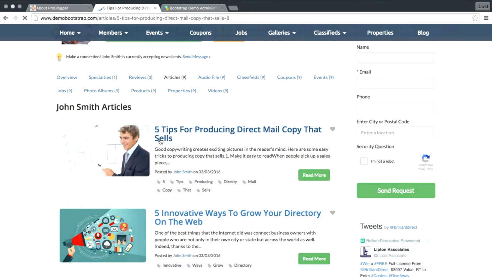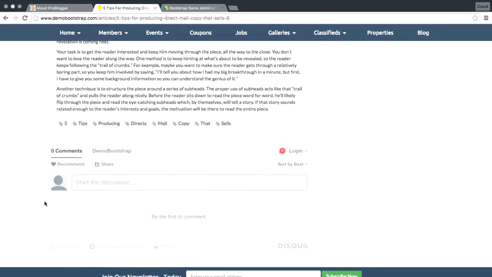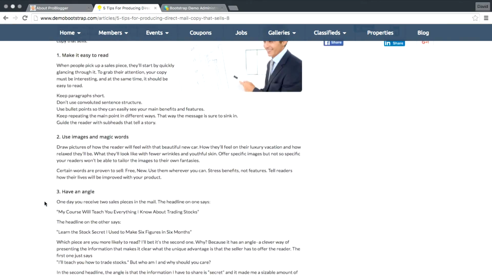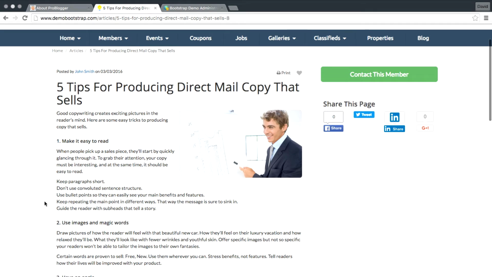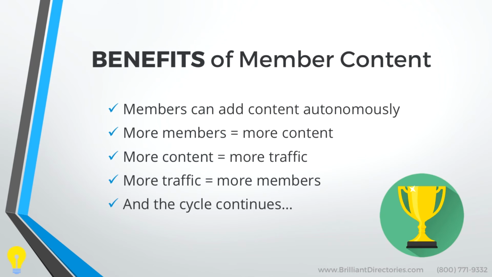And so each one of these articles has tons of really valuable information, valuable keywords, everything that gets indexed by search engines. That's right. So this is an article John wrote. It's a topic he's potentially an expert on. And we're going to talk about why John even cares about writing this article on your site when we talk about incentivizing members for their contributions and participation.